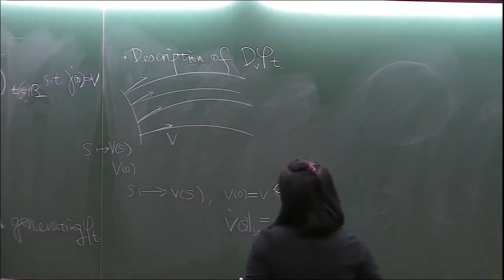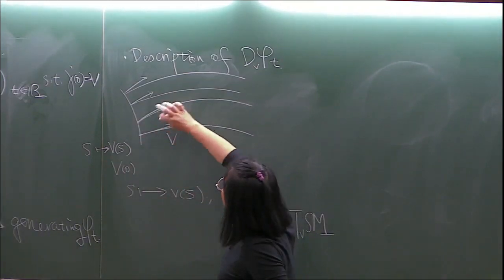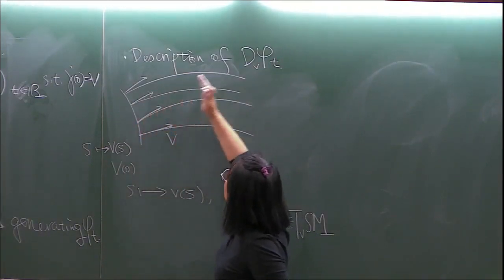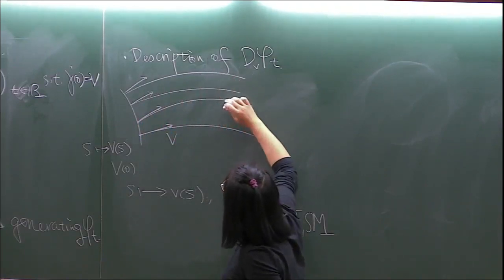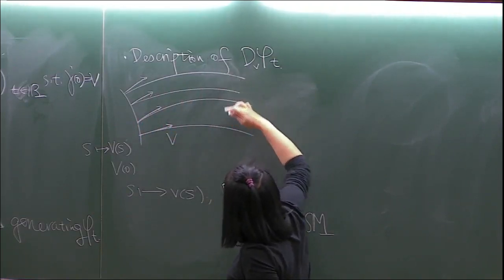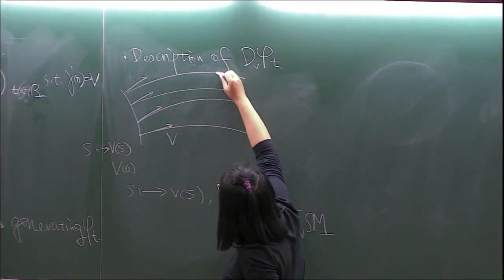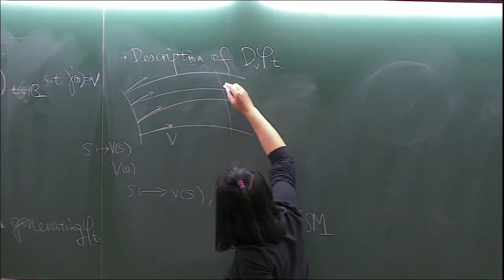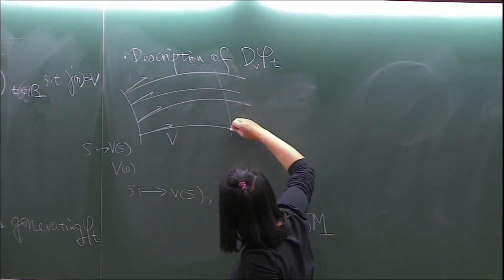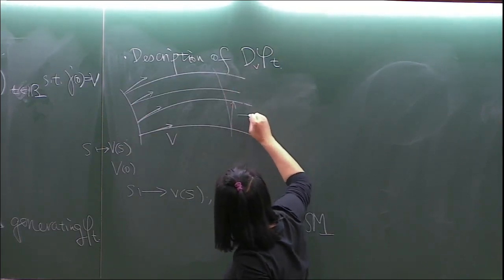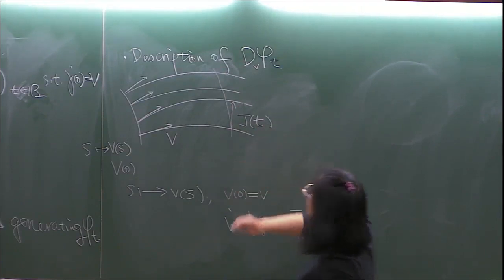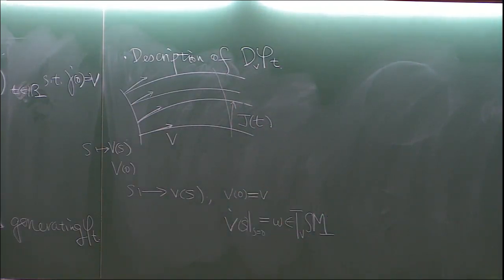So then you consider the time t map, and the base point, the derivative of this base point in the direction of s. You have an object that is called J_t, the Jacobian field.